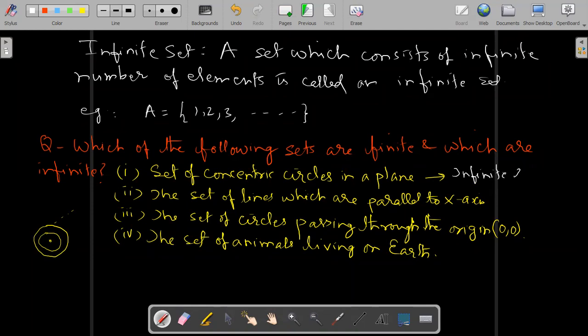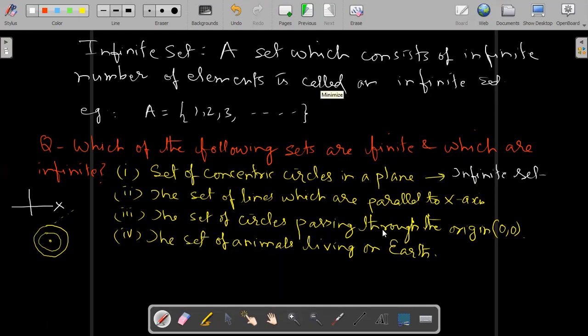Then, set of lines parallel to the x-axis. This is the x-axis, and how many lines can we draw? Set of lines parallel to the x-axis. Correct, all of you have given the correct answer.